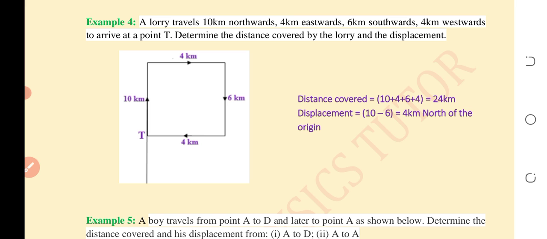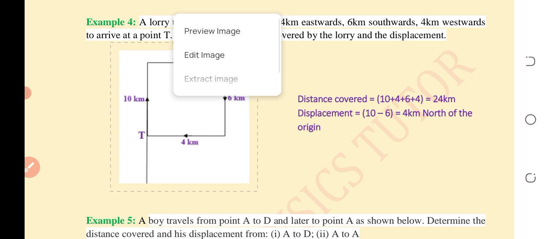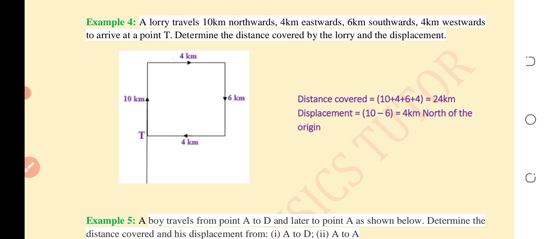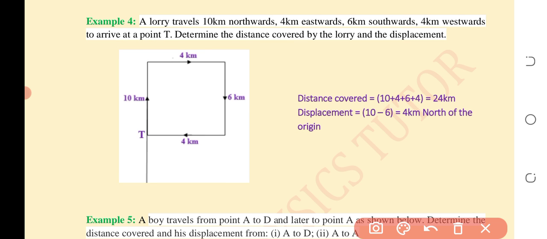Okay, let's start. 10 kilometers northward, this part, that is 10 kilometers northward. According to the question, we have 4 kilometers eastward, and that is represented this way. 6 kilometers southward, that is represented this way. And 4 kilometers westward, that is represented this way to arrive at point T.